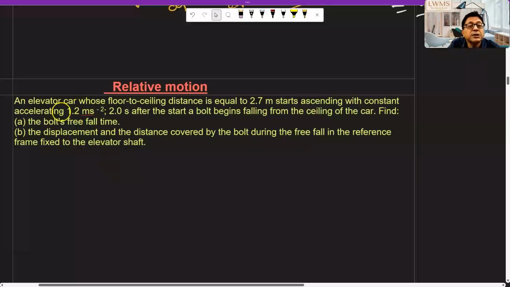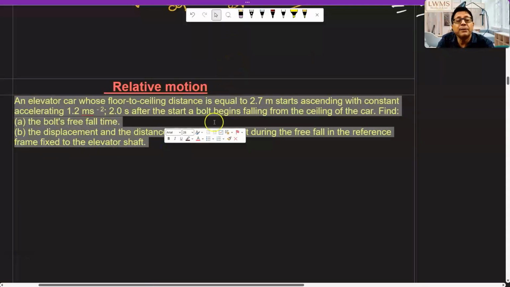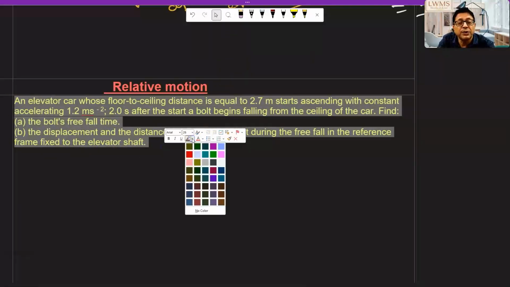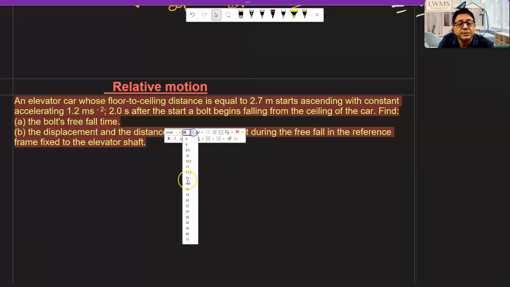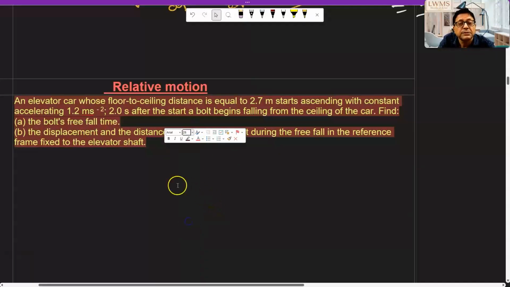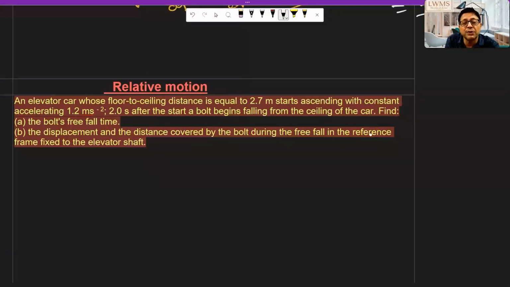Okay, this relative motion problem also I have taken from one dimensional motion only, but this time motion is under gravity. So you read the problem, then I will explain what to do there. Just read it. Elevator car whose floor to ceiling distance equals 2.7 meters starts ascending.